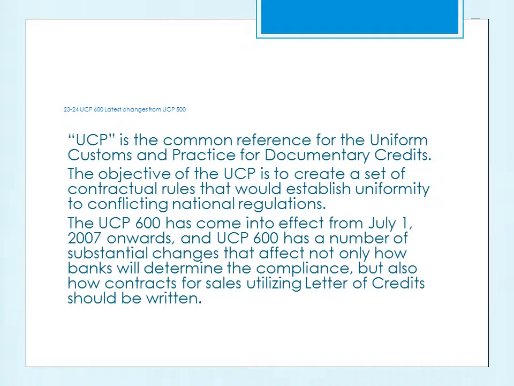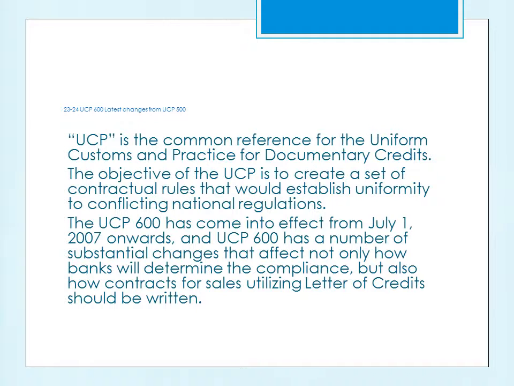UCP is the common reference to the Uniform Customs and Practice for documentary credits. The objective of UCP is to create a set of contractual rules that would establish uniformity to conflicting national regulations.